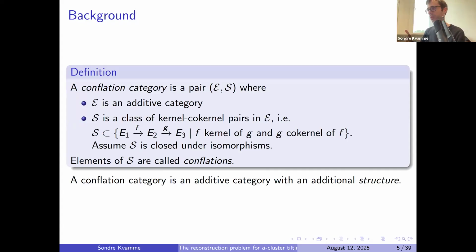And the main point is somehow that you don't introduce any additional properties on the additive category, but you add an additional structure, and this structure is this class S. So whenever you give new constructions based on a conflation category, or talk about functors between conflation categories and so on, you need to take into account this additional structure.